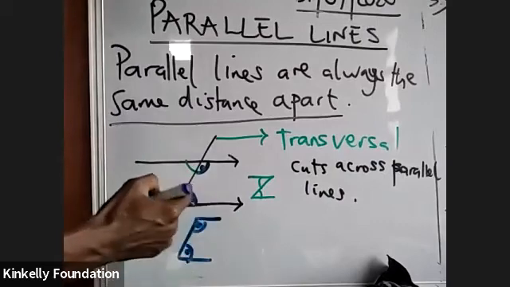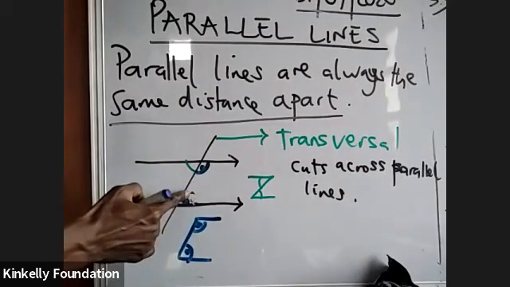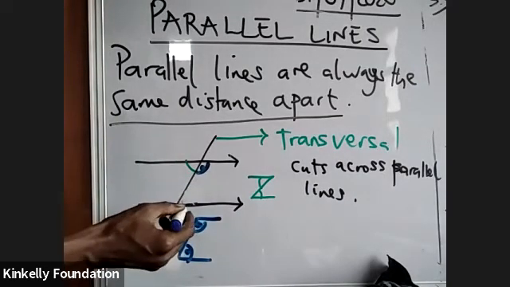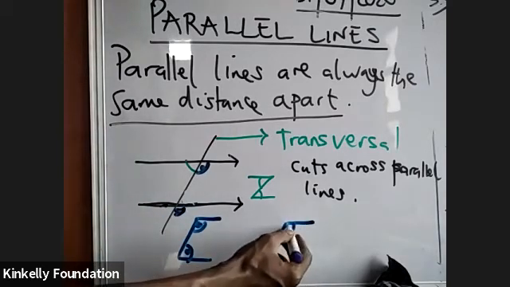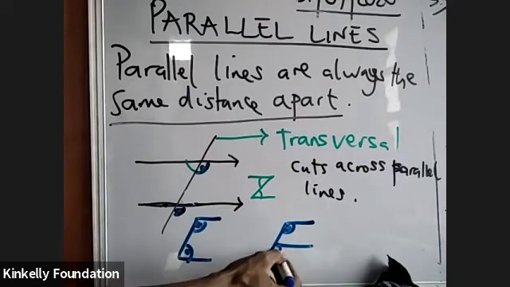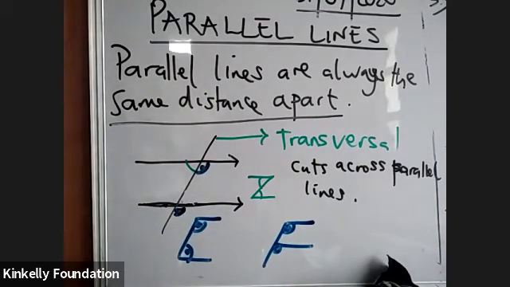We also have an angle that is in the shape of an F, like in this case we have here. These are different kinds of angles we can get around parallel lines.